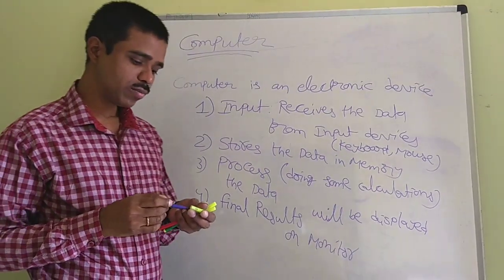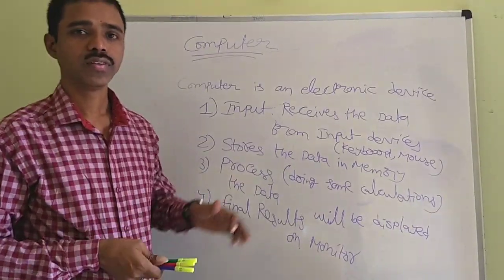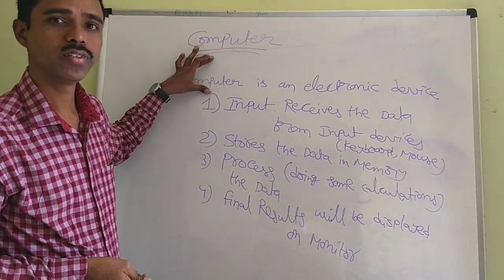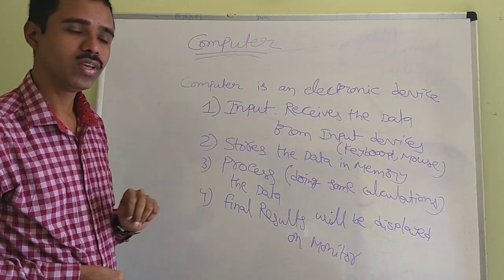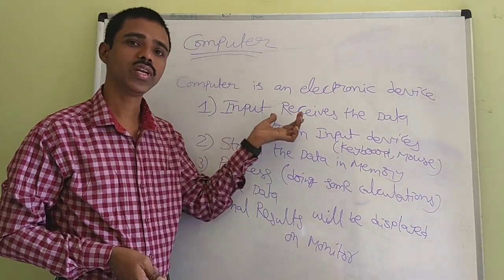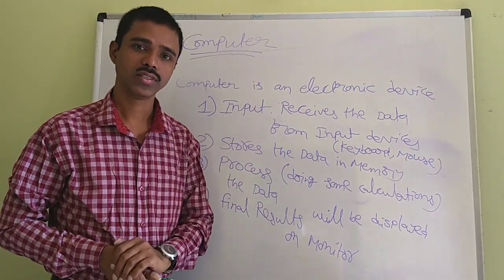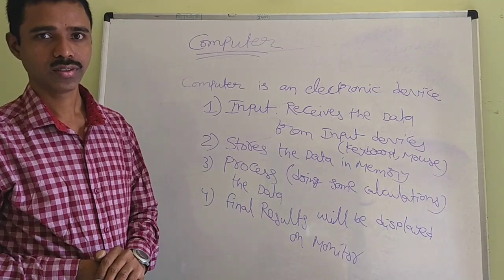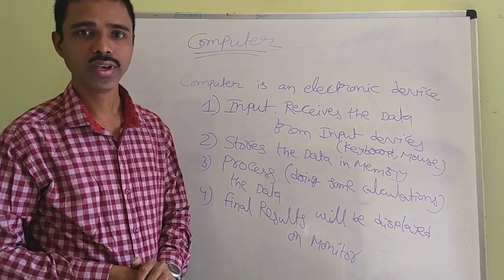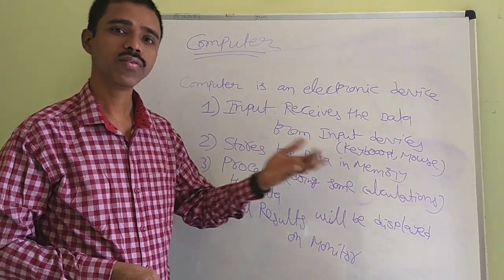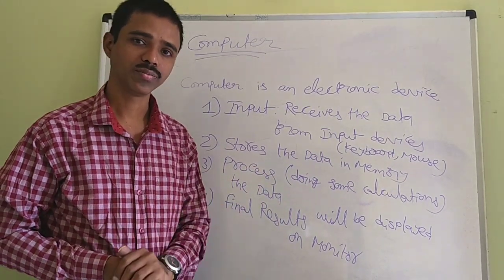So these are the basic functionalities of the computer. Computer is an electronic device with four main functionalities. It receives the data from the input device given by the user, such as keyboard and mouse. After the input, it will process the data.